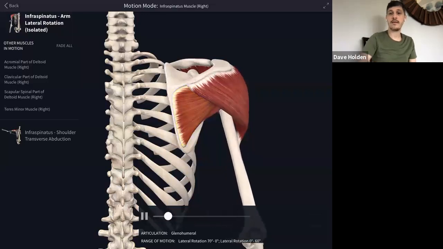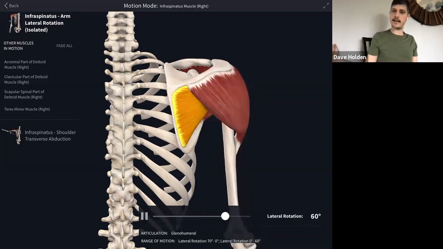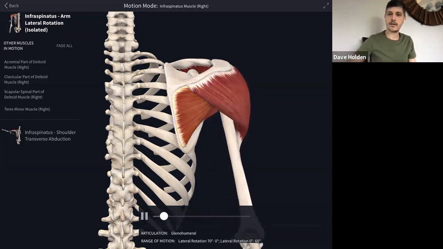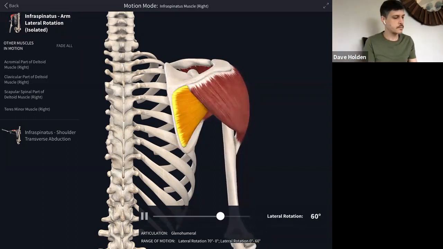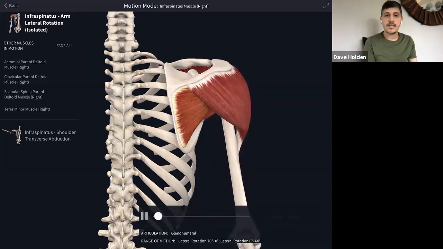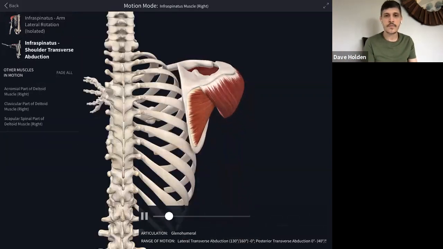First the arm has to be medially rotated, and then we pull. And the next action is going to be horizontal abduction.